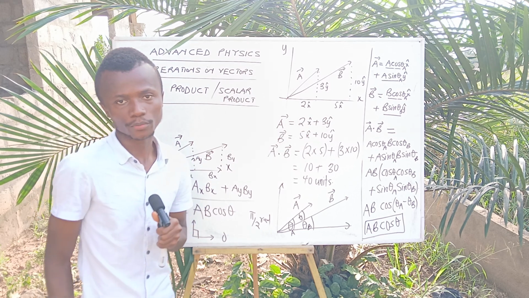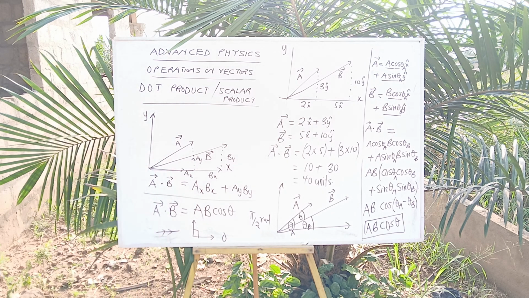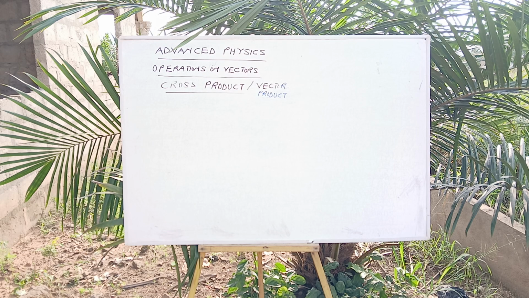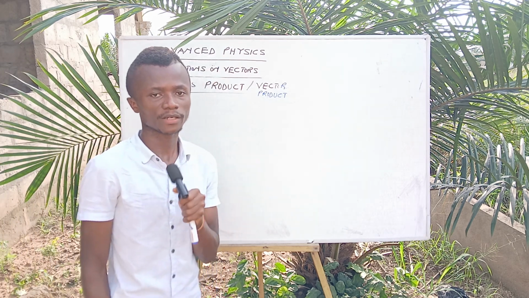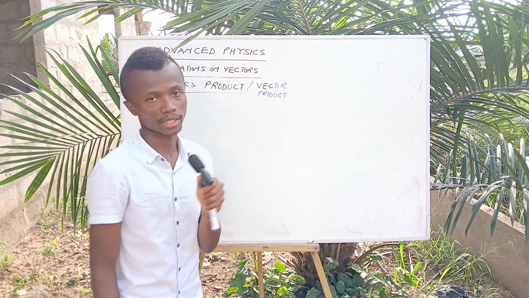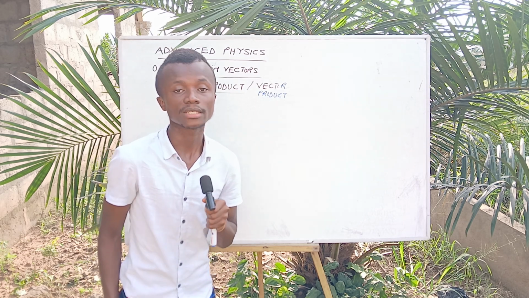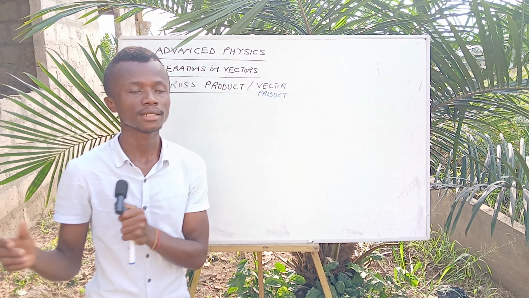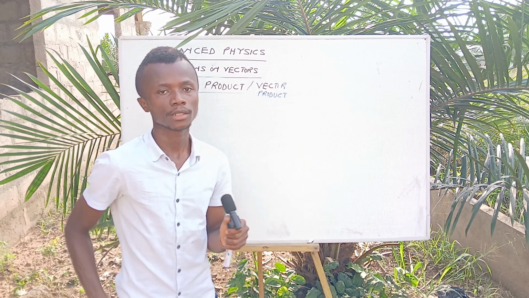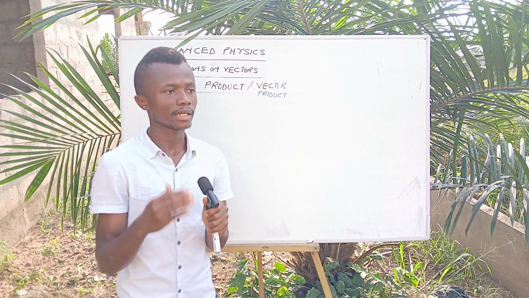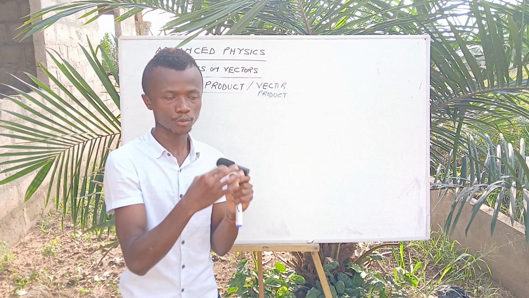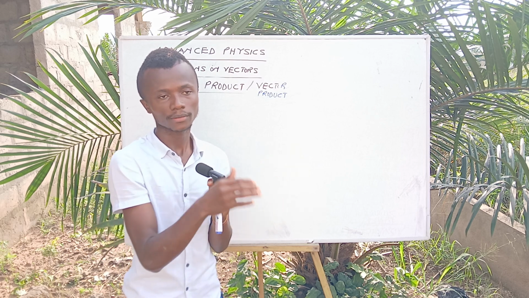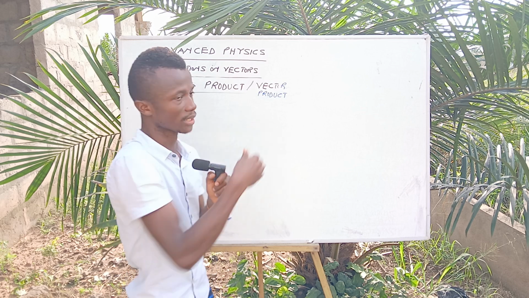Now time for cross product. The next multiplication of vectors is called the cross product. And this one appears in torques and angular momentum. Now, the net torque on an object demands that we multiply two vectors in a unique way that we call the vector product or the cross product.